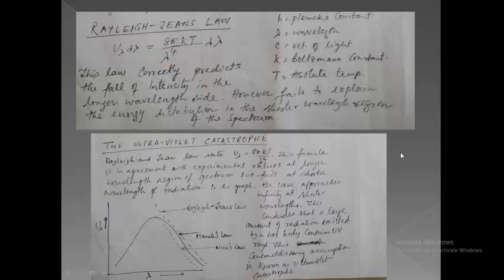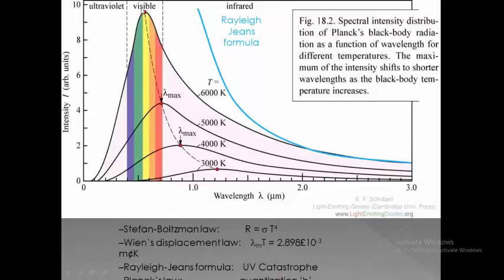In their curve, they failed to explain this lower wavelength part, which was explained by Wien. Why am I saying lower wavelength part? If you consider the x-axis, the wavelength, going to the left the wavelength value is less, and going towards the right it is higher wavelength.